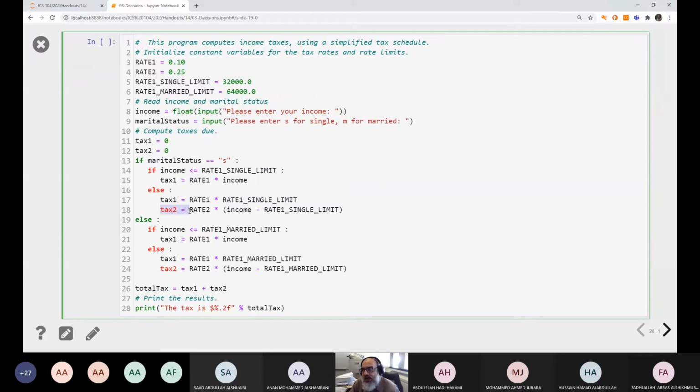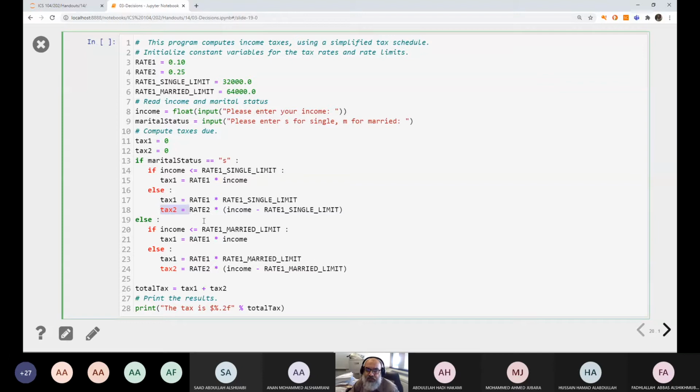Again, I kind of have a problem with the naming, tax 1, tax 2. It looks like two different taxes. I don't know. Maybe they are the only meaningful names, but to me, it is not that meaningful.